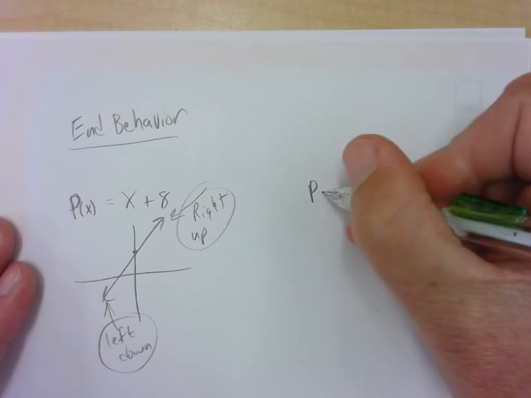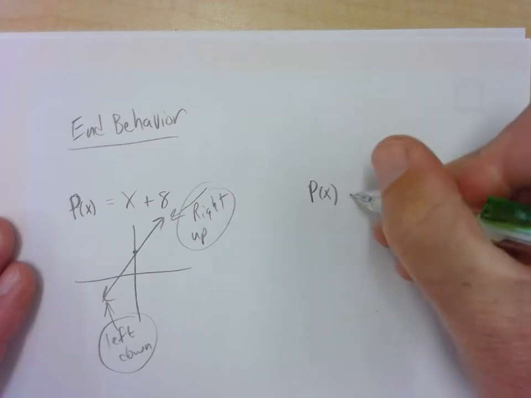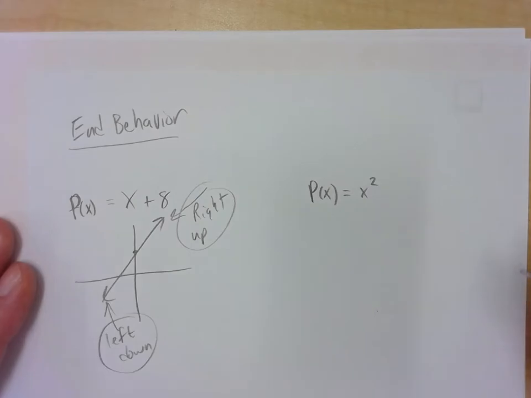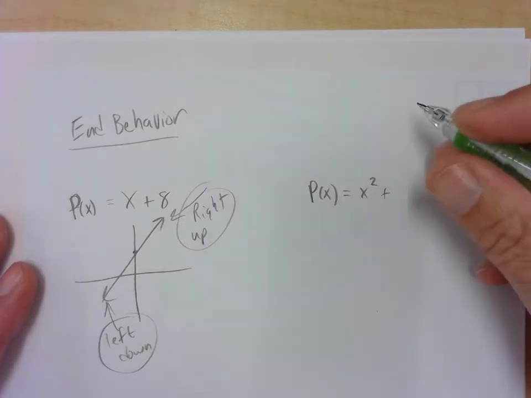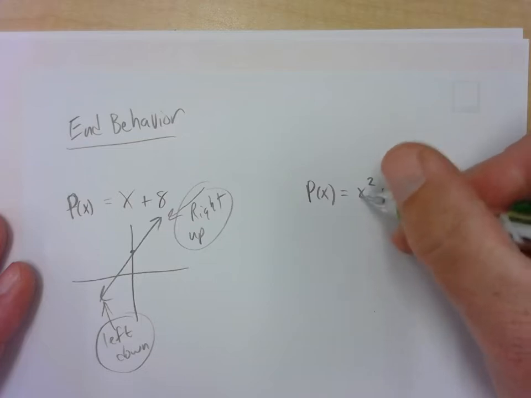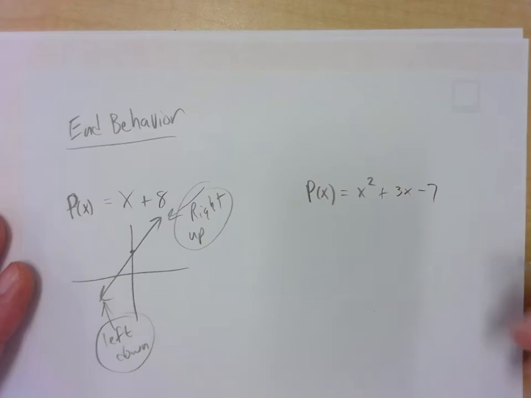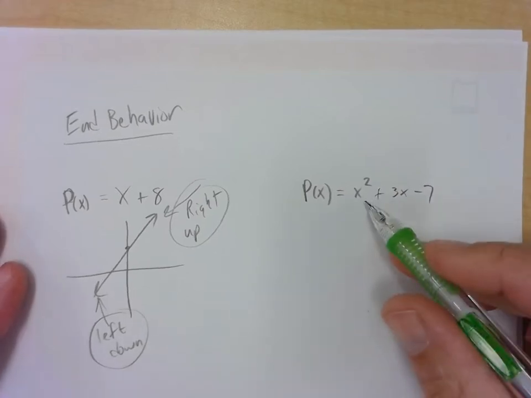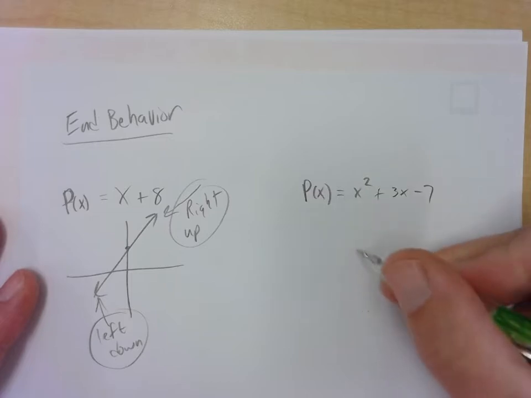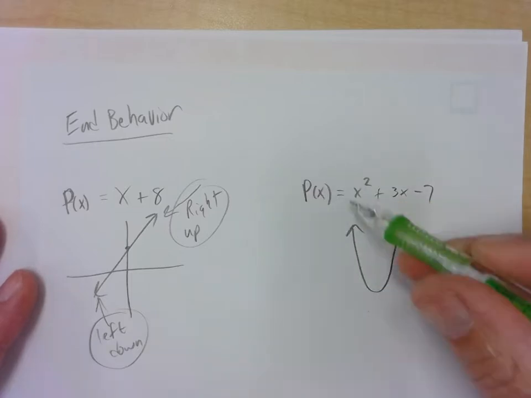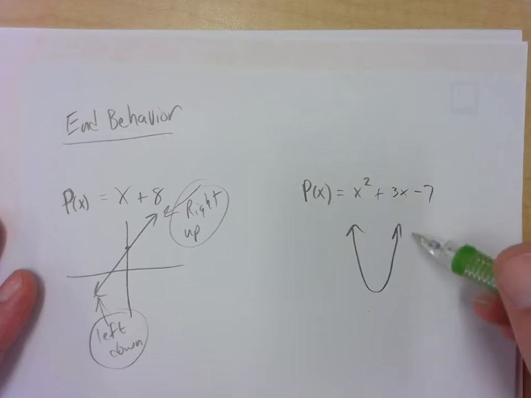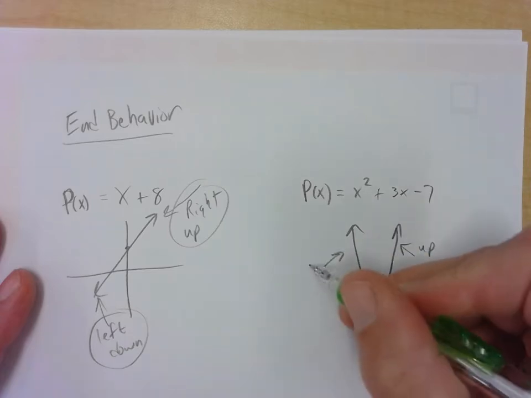Well, if you have something that's squared, it doesn't even matter what I write down here, because this term is so powerful. I can do 3x minus 7. If you have something that's squared, it's going to be a parabola, and in this case it's a happy parabola because it's positive, so it's up on each side, up on the right, up on the left.